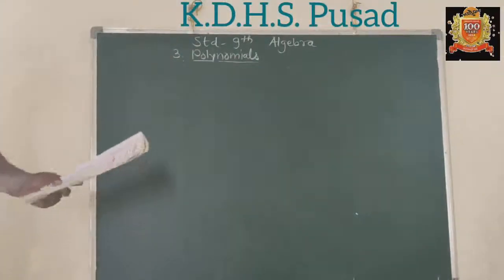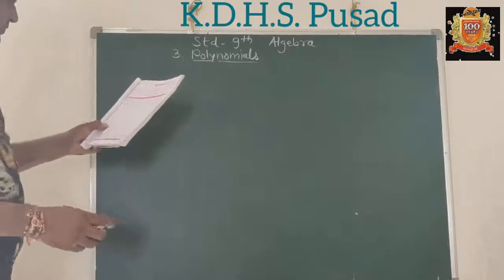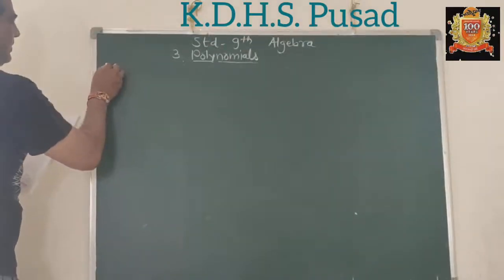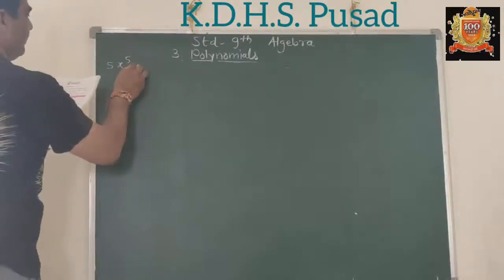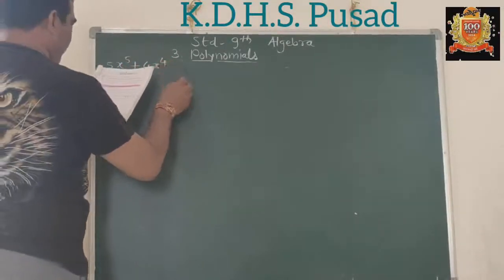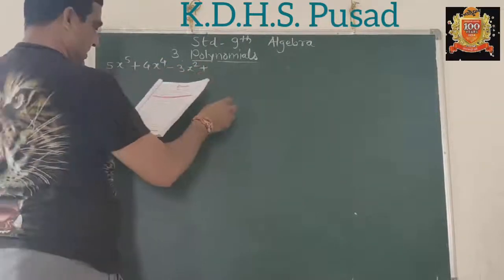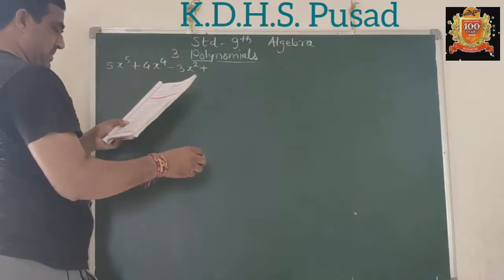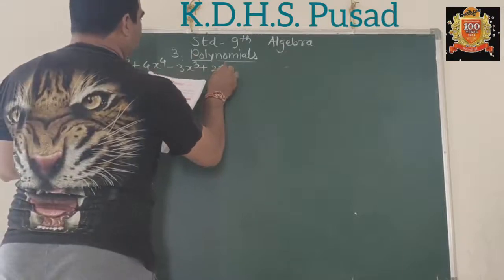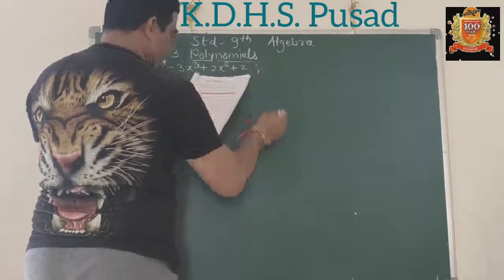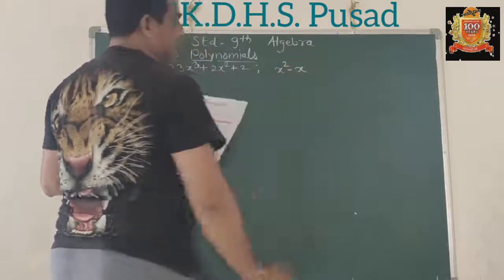As it contains more terms, x to the power 5 plus 4x to the power 4 minus 3x squared plus 3x cubed plus 2x squared plus 2, and divide them by x squared minus x.